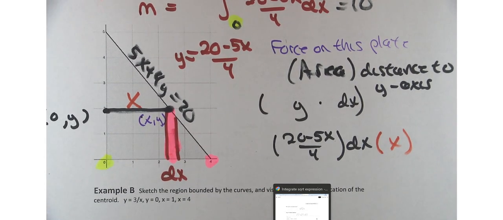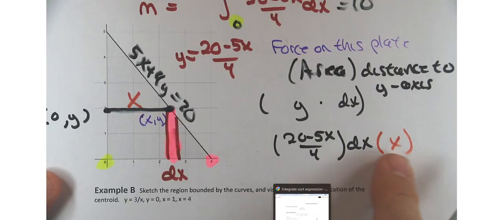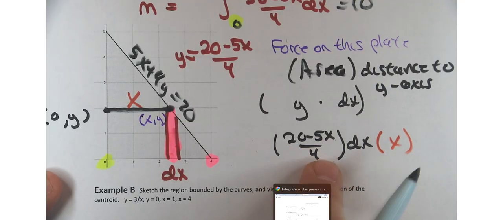Well, do we want just the force on one plate? Probably not. We need to add up the force on all such plates. So what's going to add up the force for all such plates? Integral. So let's clean this up a little bit. I'll distribute the x and take out the 1/4.